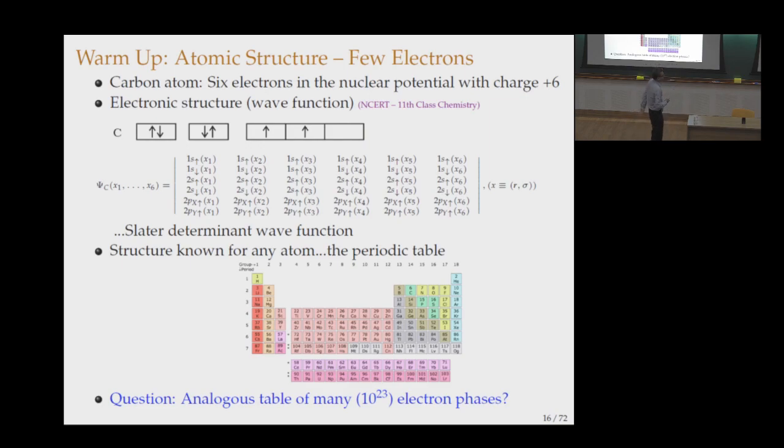So that's the idea. Now if you ask the question, what are the distinct phases of electrons in a Coulomb potential? Of course, that's not a well-defined physics question because a phase typically needs an infinite number of degrees of freedom, but let's just be generous. So you see, if I have a Coulomb potential and I start putting in electrons, the phases that you get is the periodic table, right? So that's crudely the idea. And we all know that there's the repetition of 8 and so on.